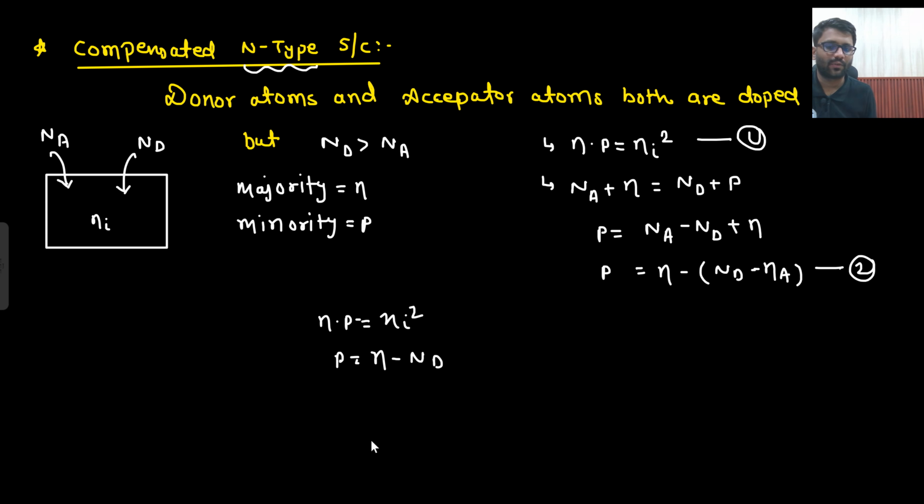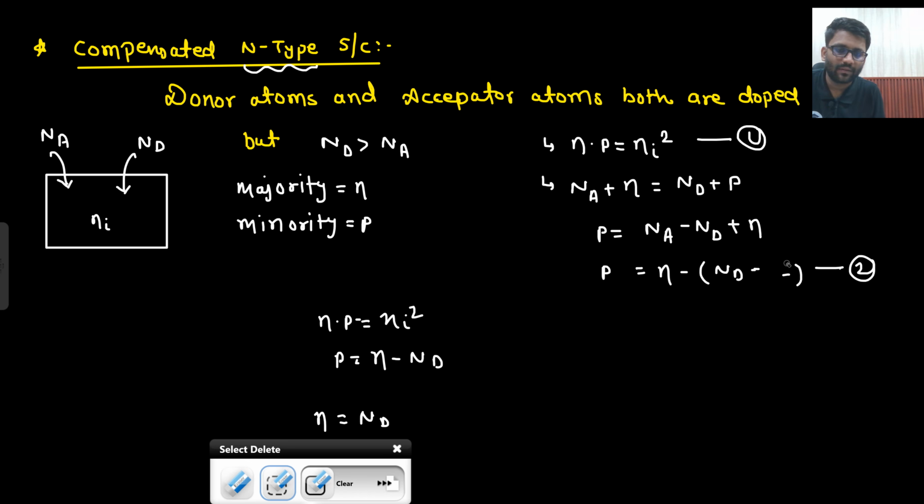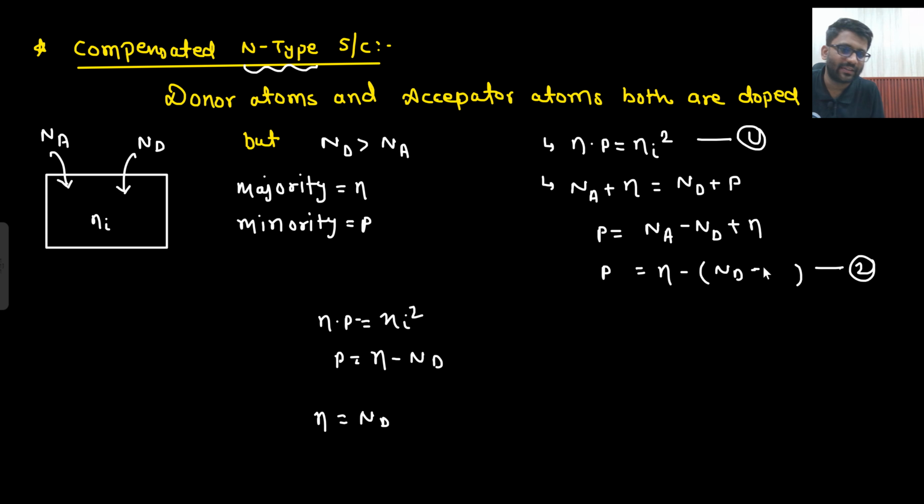And you know the answer. What was the answer? N is equals to Nd by 2 plus under root Nd by 2 whole square plus Ni square. Now in place of Nd, what have you replaced? Nd minus Na, because this is N minus Nd minus Na. So in place of Nd, you are getting Nd minus Na. So what do you think, what will be the answer? You can solve it on your own.